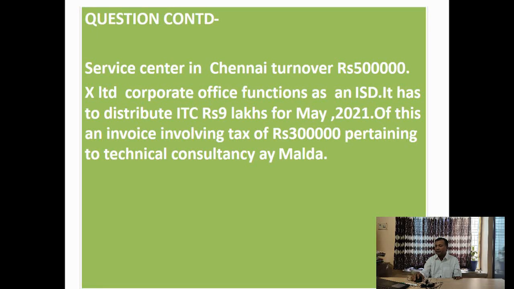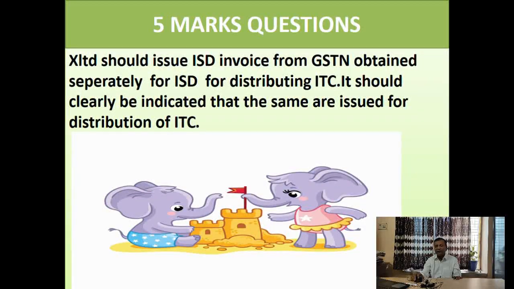So let us see. X Limited should issue ISD invoice from the GSTN obtained separately for ISD for distributing ITC. It should clearly be indicated that the same are issued for distribution of ITC. Friends, this is the answer.